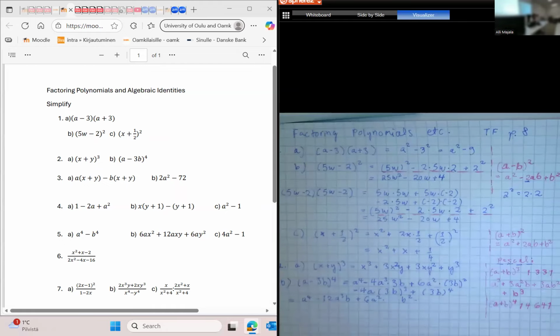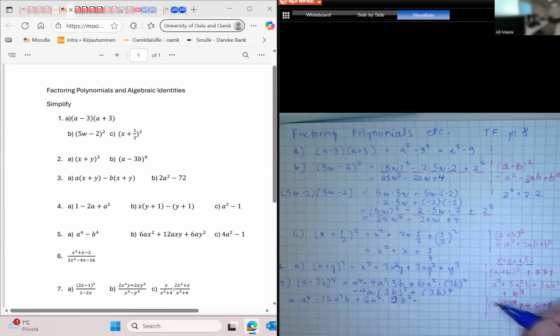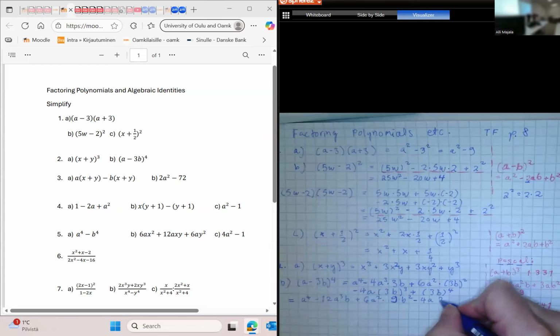Now it's in the power of 3. So that's 4a, then it's the 27, and b in the power of 3, and then b in the power of 4.